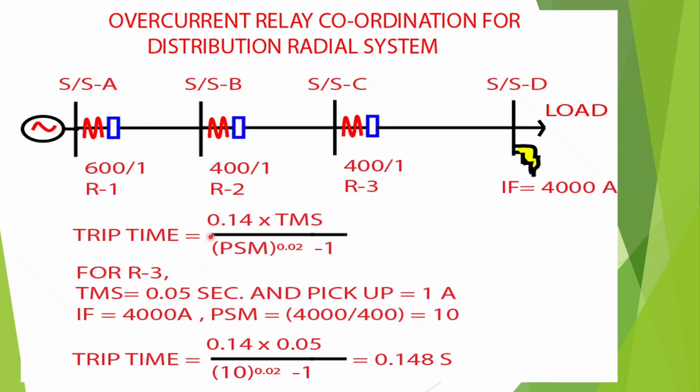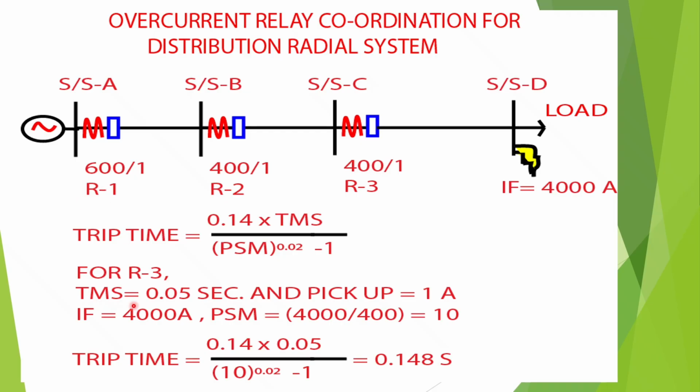This is the characteristic of the IEC standard inverse curve. PSM is the plug setting multiplier, given by the ratio of the fault current to the relay pickup current. By this curve we will coordinate relays R3, R2 and R1.